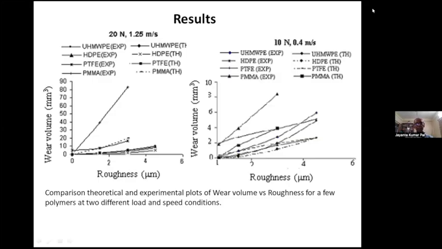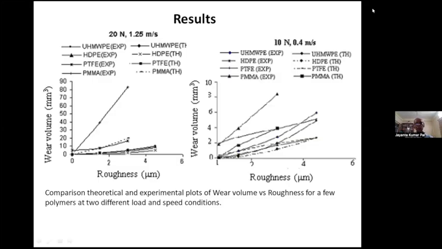Here in both cases, we see that the results, experimental and theoretical, fall within a narrow band. And we can probably conclude that they agree well, with the exception of PMA and HDP.